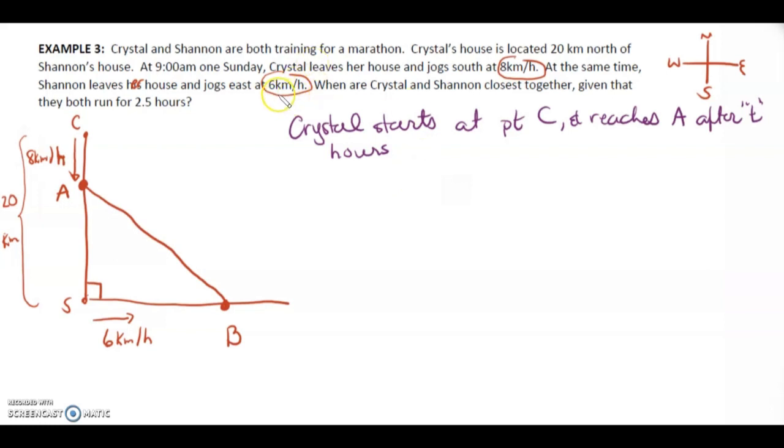Because these are quoted in kilometers per hour, let's just leave them in hours, even if it comes up as a decimal, like 0.68 or 0.75 or whatever. We'll convert it into minutes later. And then we're assuming that AB is going to be the distance where the distance is the minimum.